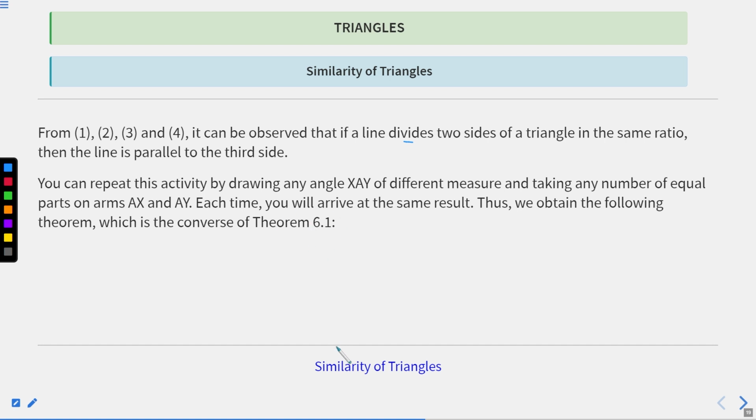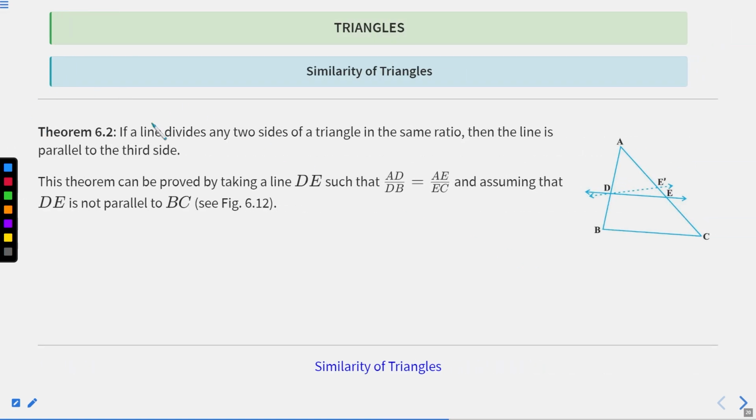By this activity we prove that the converse of theorem 6.1 is also true: if a line divides two sides of a triangle in the same ratio, then the line is parallel to the third side.